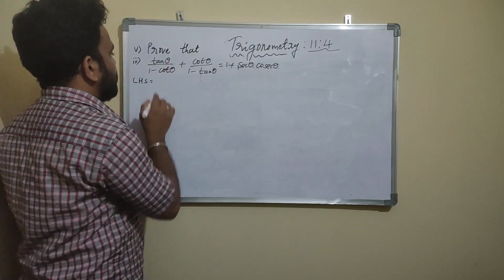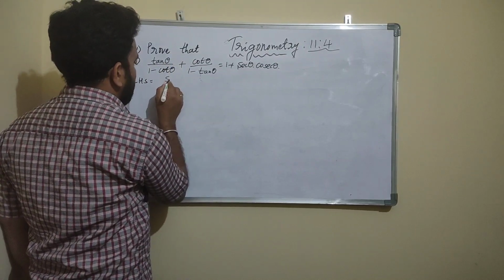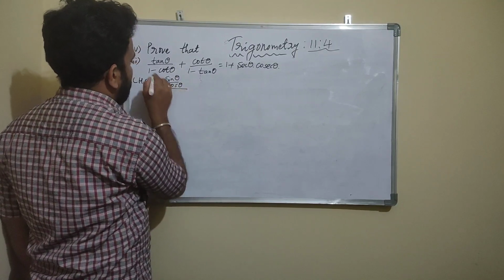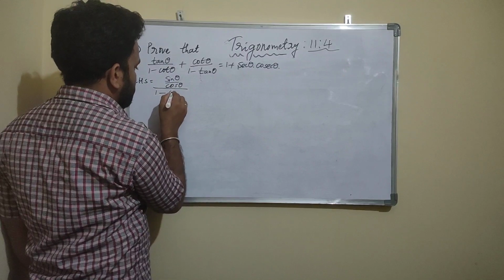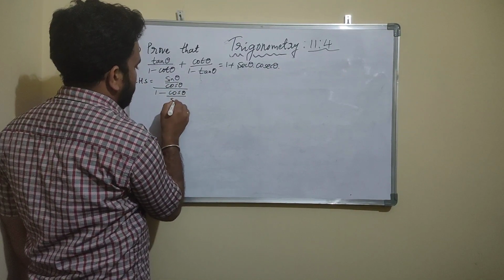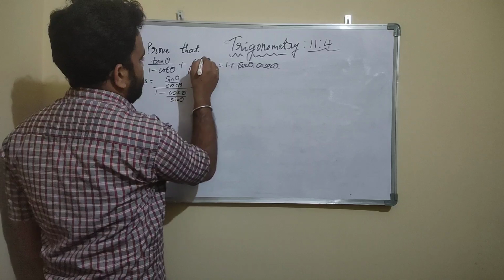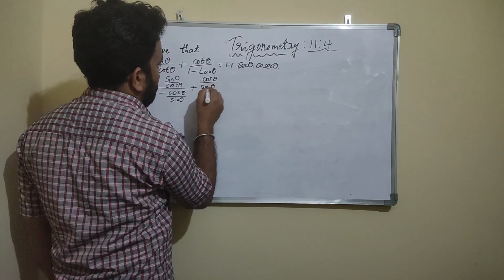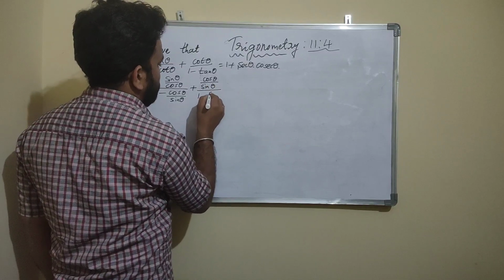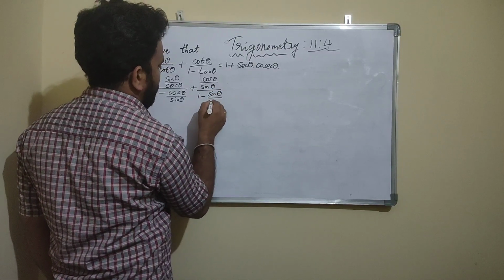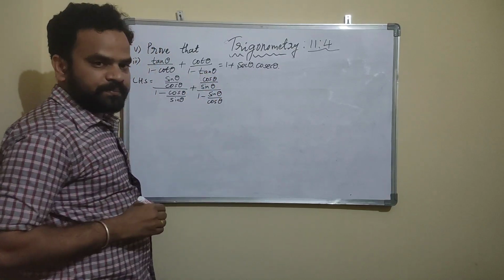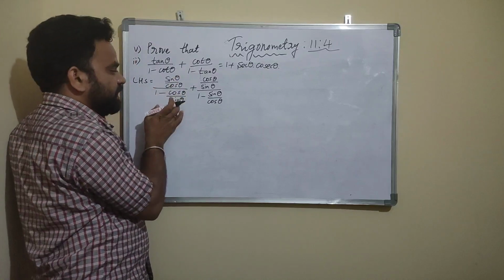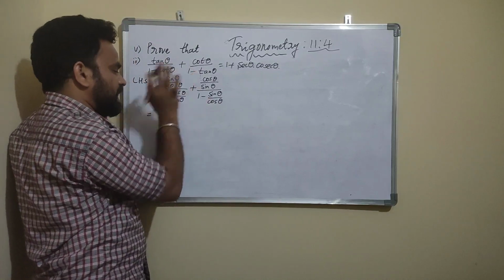In LHS I will write tan theta as sin theta by cos theta, whole divided by 1 minus, again cot theta as cos theta by sin theta, plus cot theta written as cos theta by sin theta divided by 1 minus sin theta by cos theta, right? In the denominator we take LCM, here sin theta, there cos theta, numerator as it is.